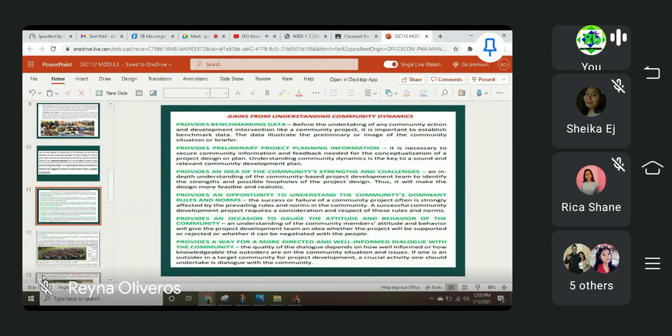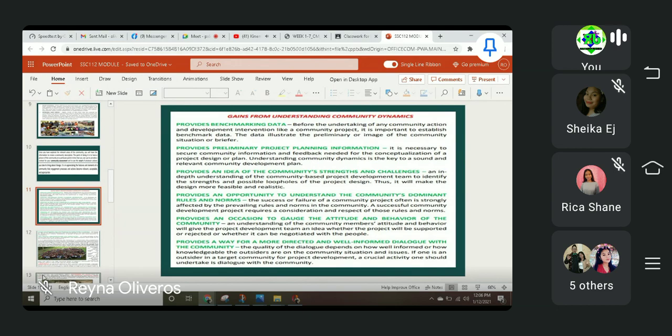Okay? Base sa analysis, or base sa aspeto na nabanggit natin kanina. It is because the data illustrate the preliminary image of community situations in brief. And then number two, it provides preliminary project planning information.